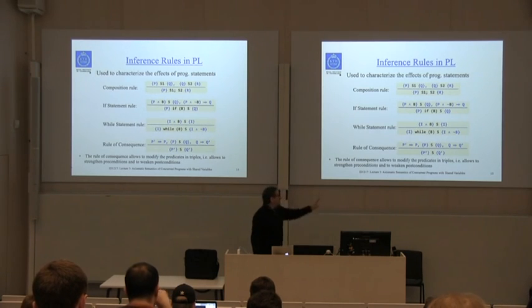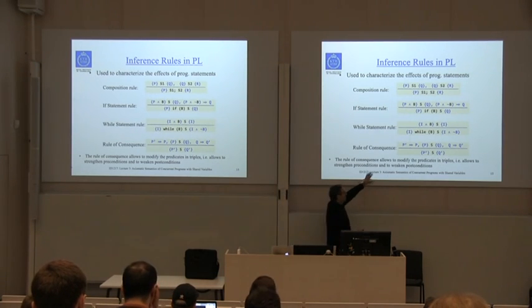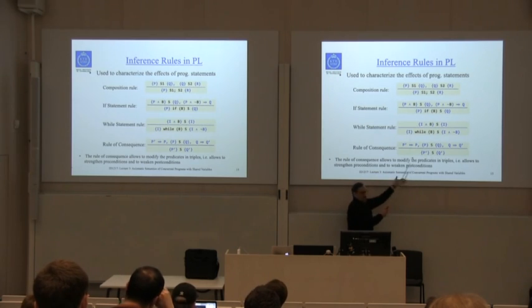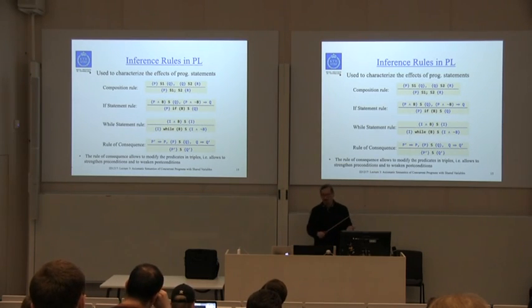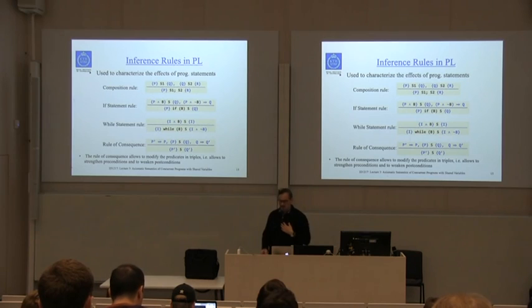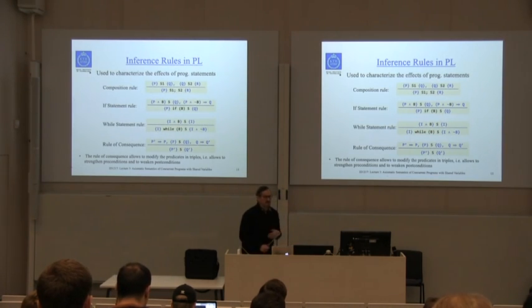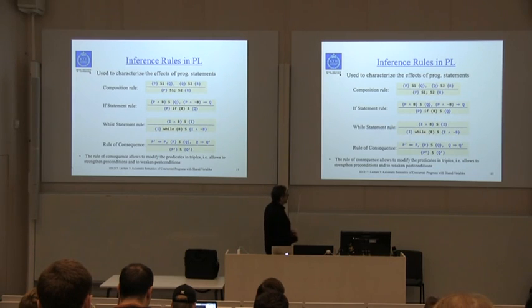Okay, this is a helping rule. This helping rule helps if needed, so you don't need to apply it, but if needed, it's just for efficiency and effectiveness of proof and to simplify. It's a rule of consequence that allows you to modify predicates, to simplify them or to state them more precisely.